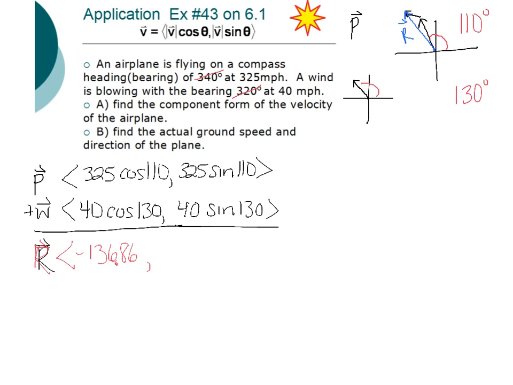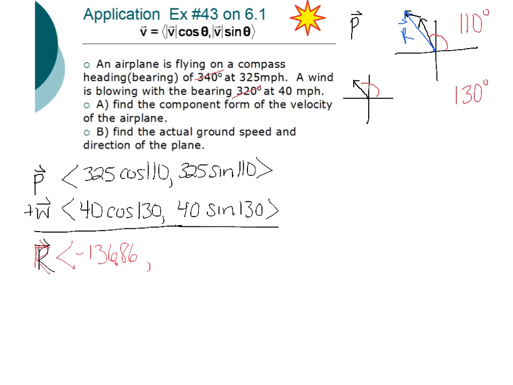That's my horizontal component. It kind of makes sense because for my resultant here, I am left, so the horizontal component should be negative. Now let's try adding the vertical components: 325 times the sine of 110, and then I'm going to add to that 40 times the sine of 130.